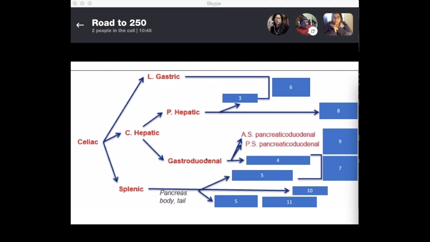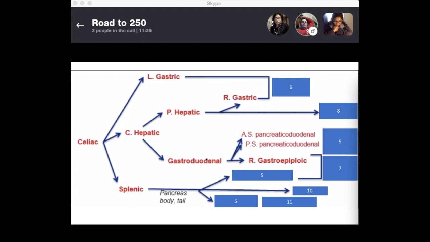And then the proper hepatic is going to split into what Pete just said. Right gastric, right. And then our gastroduodenal is going to split off branches to the anterior and posterior pancreaticoduodenal branches, as well as the right gastroepiploic. Yes. And then we have our splenic branch, which will also have little branches off of it.